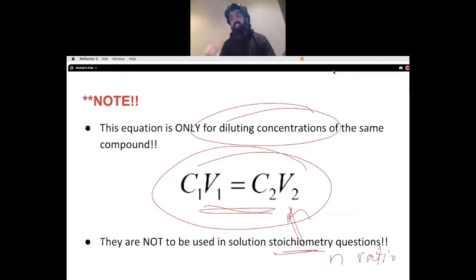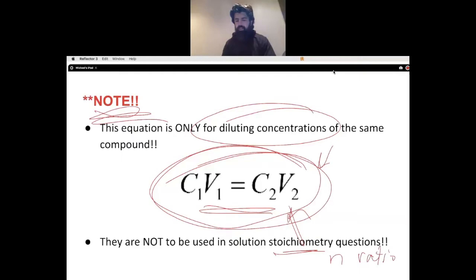We need to know those mole ratios, because they can change the value, and that's the reason why sometimes this formula will work, sometimes it won't. So if I ever see this in a stoichiometry problem, I mark it wrong, because you're clearly not using the formula correctly. So make note of that.